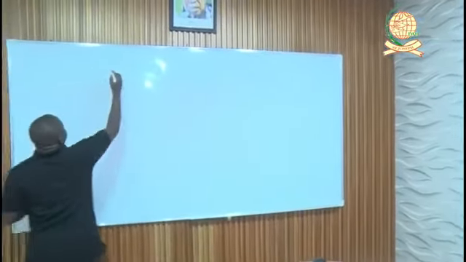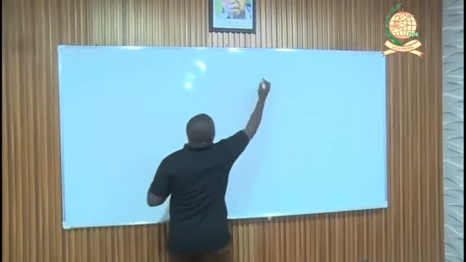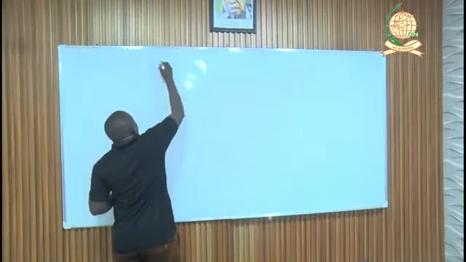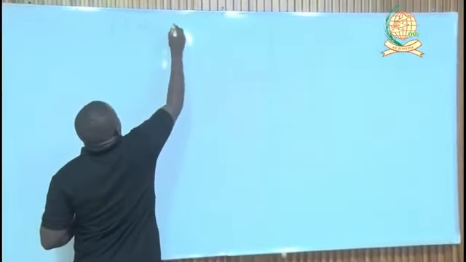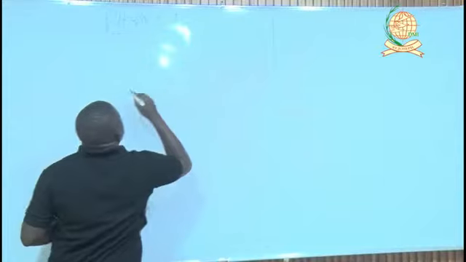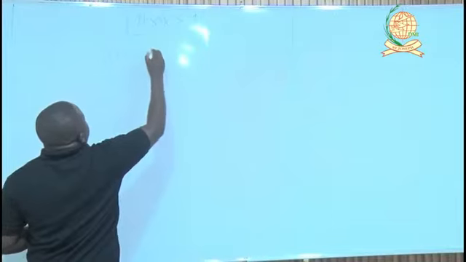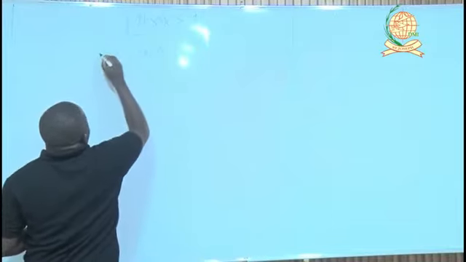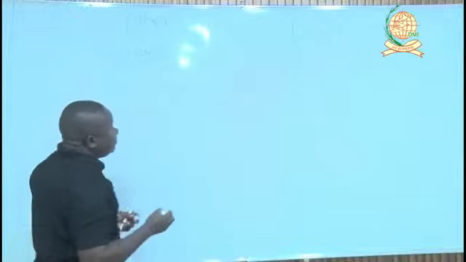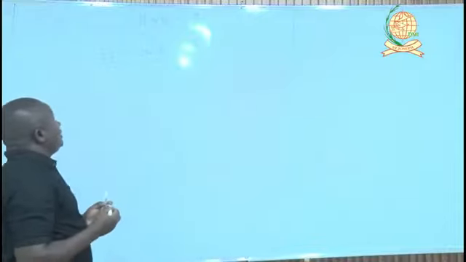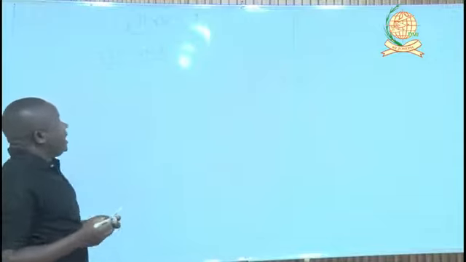Physics 1, Section A. This section has a total of 7 questions, each carrying 10 marks.